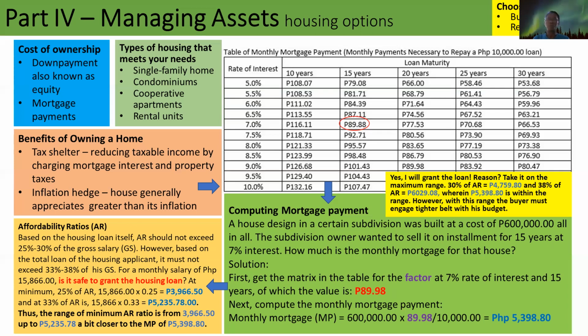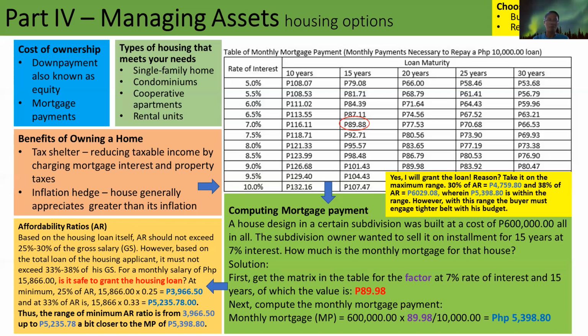15,866, yung punta kayo sa naka-highlight na yellow, doon sa naka-highlight na yellow. Ang result niyan is 4,759.80. And for the 38% of 15,866, the value will be 6,029.08. So kung titingnan mo yung value ng range ng monthly installment, nasa within the range of 4,759.80 to 6,029.08.